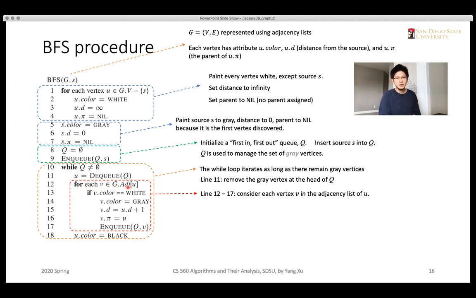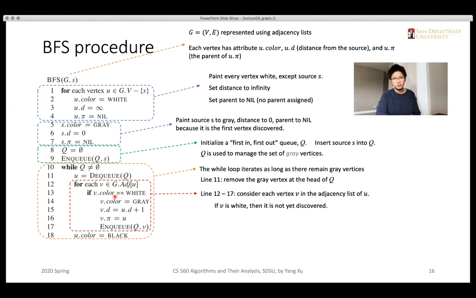From line 13, we check whether that adjacent vertex V is white. If it is white, then it means it is not discovered yet.